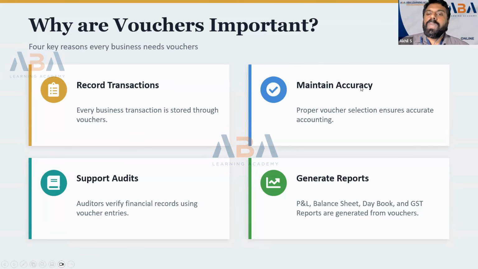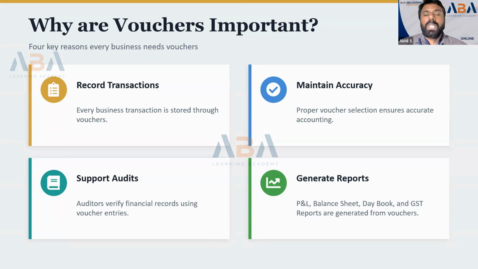The next one is maintain accuracy. Proper voucher selection ensures accurate accounting. Earlier we have seen different voucher types like sales, purchase, payment, receipt, and contra vouchers. You have to make sure you are posting the transaction in the correct corresponding voucher. Earlier we saw that a rent payment should always go through a payment voucher type, and if you are receiving any commission or income, it should go through a receipt voucher.